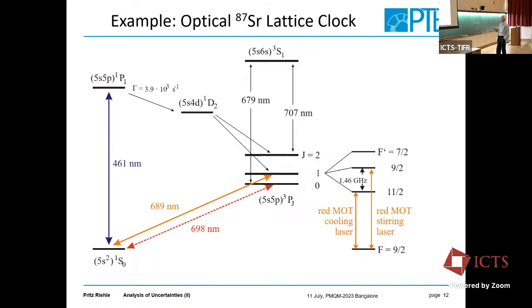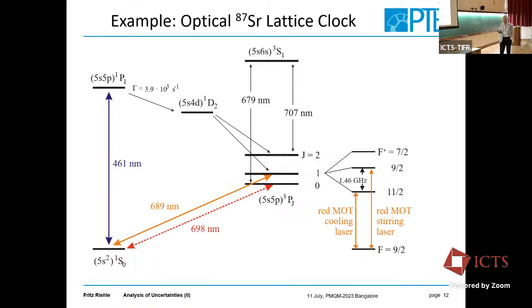The first transition you would use is 689 nanometer to the triplet P1 state, but this is the allowed one.